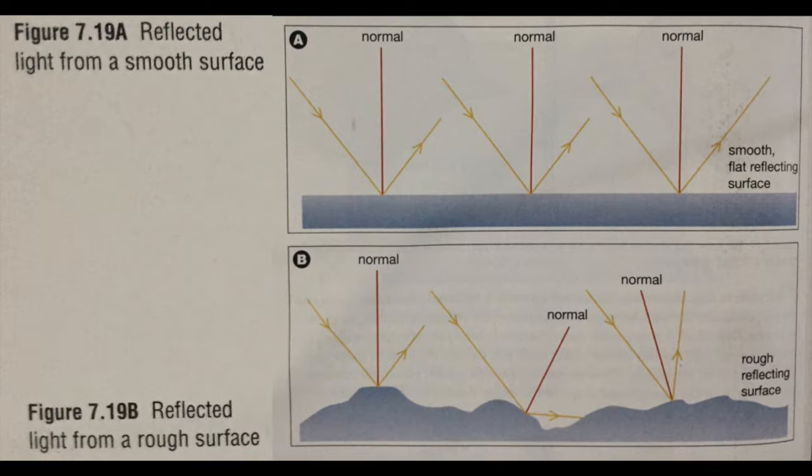All the normals related to light reflected from a bathroom mirror point in the same direction. See figure 7.19a. Clear images are created from light reflected by a plane mirror. Compare the normals related to light reflected from a mirror to the normals related to light reflected from a wall or a piece of paper.